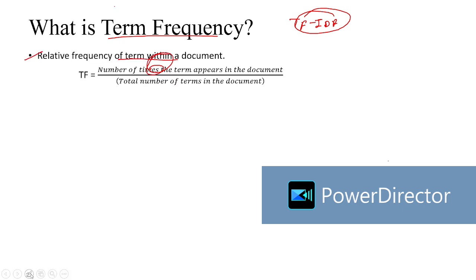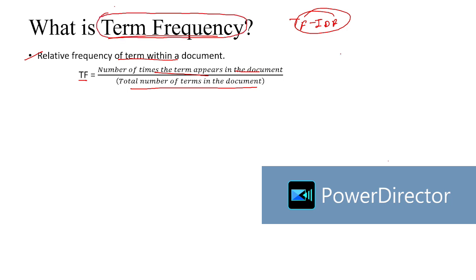Here is the formula for TF: the number of times the term appears in the document divided by the total number of terms in the document. This calculates the frequency of a term which appears in a document.